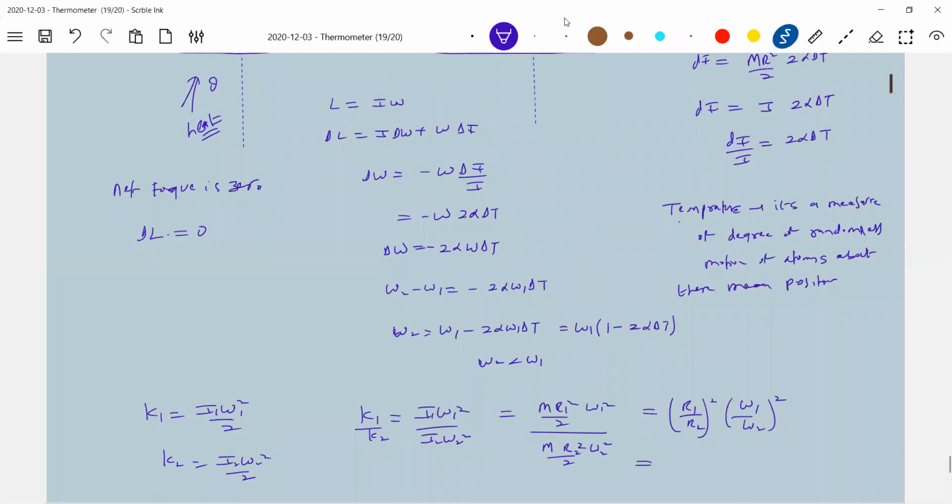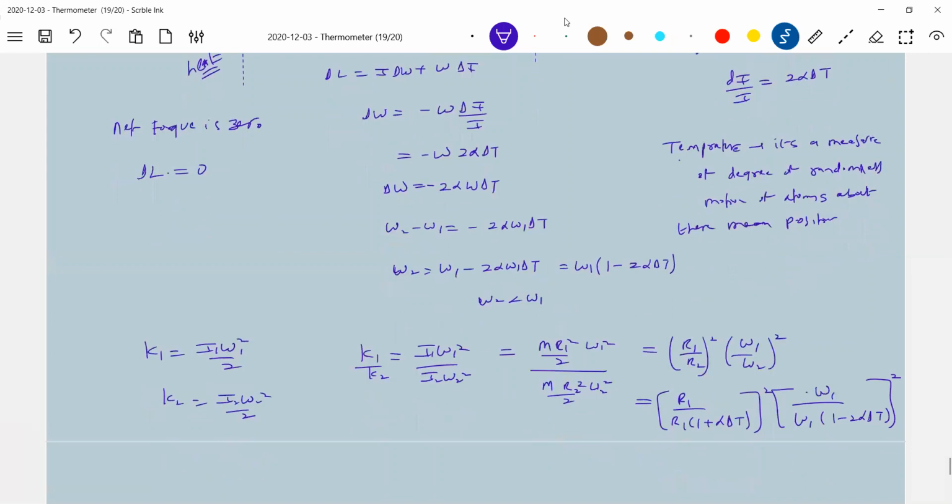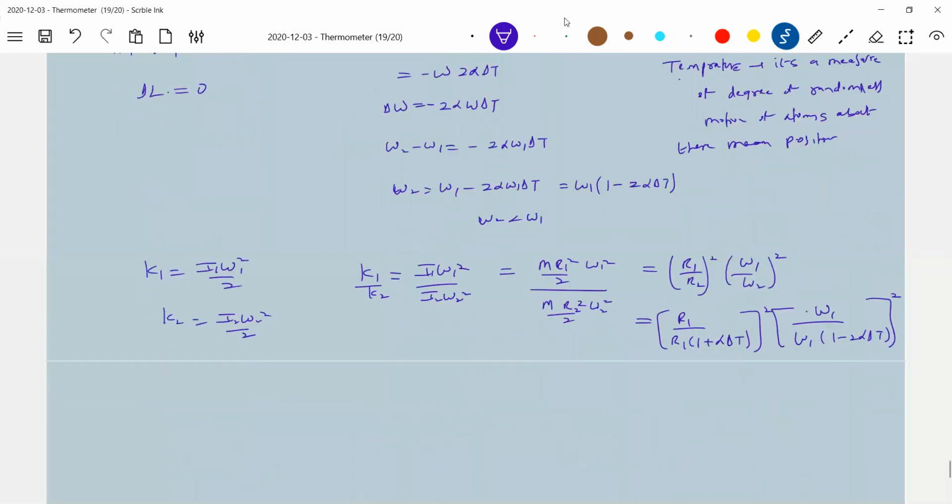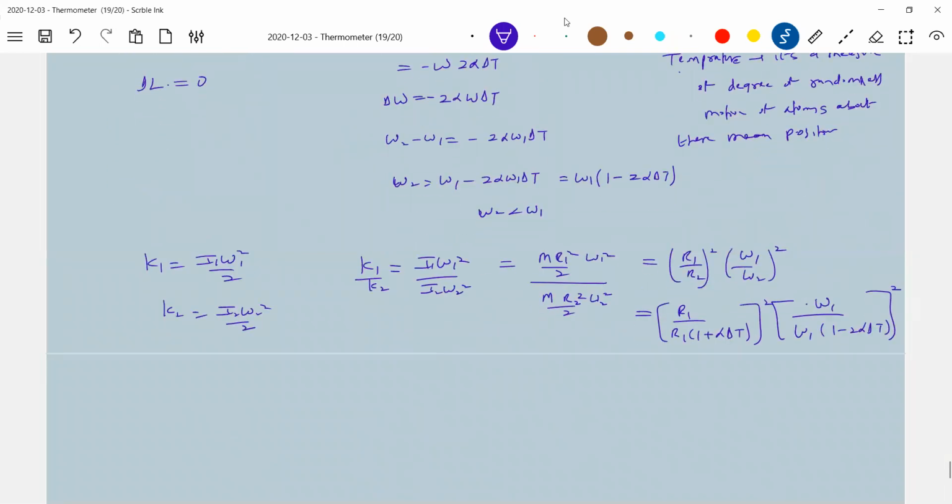We know it. So what is the expression for this? R1 into 1 plus alpha delta theta whole square. What is omega 2? Just now we wrote it, no? Omega 2 by omega 1. See, everything we have to begin with the mathematics here. So K1 by K2, what do we get?